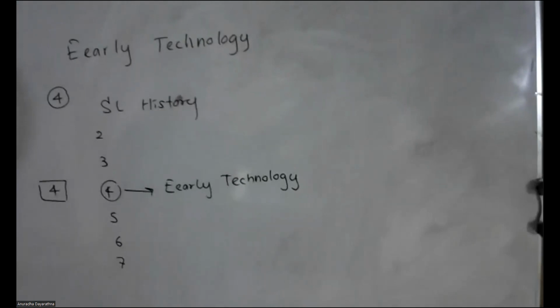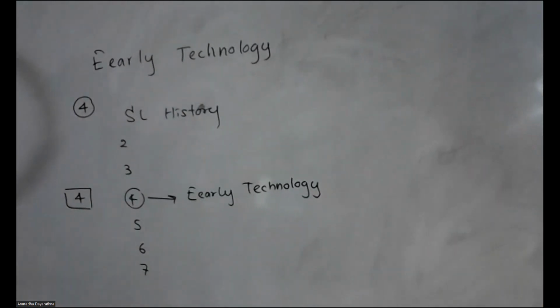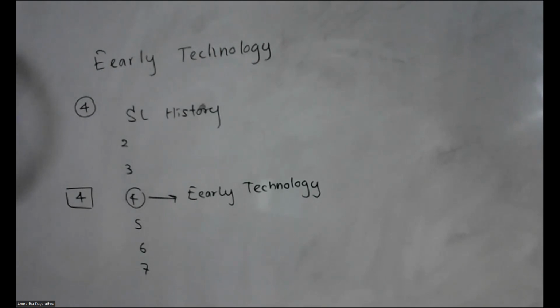The areas that you should know when we take this early technology. Now, what are the areas? Now we'll see. Early technology means that technology had been used by people in every time period.